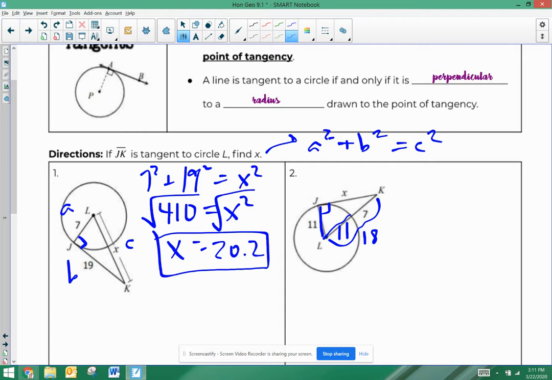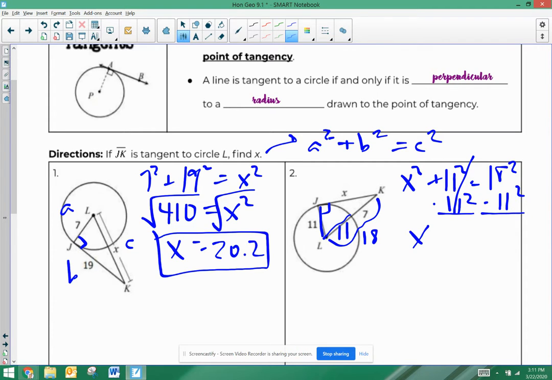So you're kind of looking for what are we missing? How can we set it up differently? Okay, so here we go. I have x squared plus 11 squared equals 18 squared. So I can subtract 11 squared on both sides.